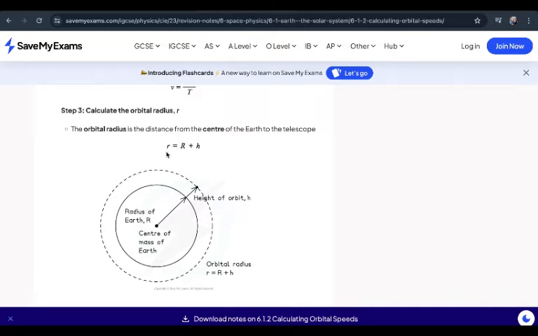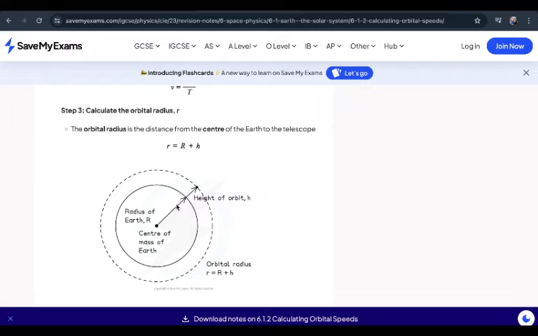Orbital radius is always the radius of the Earth, which is capital R, plus the height. This is the radius of the Earth, from the center of the Earth to the edge of the Earth, to the highest point of the Earth in the atmosphere.